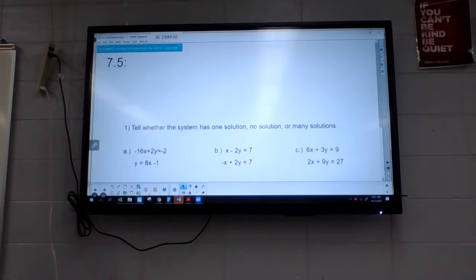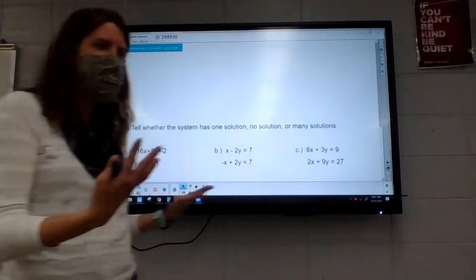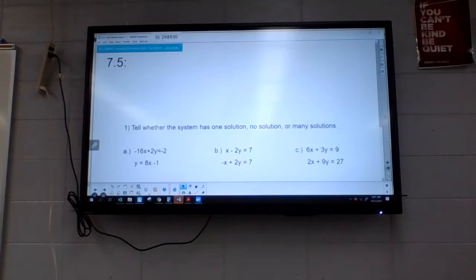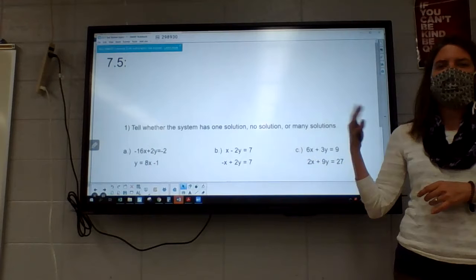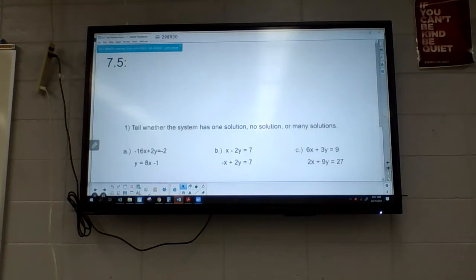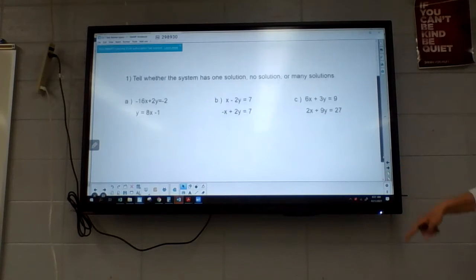Since I don't have graph paper handy, I'm not going to use graphing, but I am going to make you graph on the test. If I ask you for a particular method, you have to use that method. If I say use substitution and you'd rather do elimination, I'm not going to give you full credit for that. I do want to see some work as you go through these.